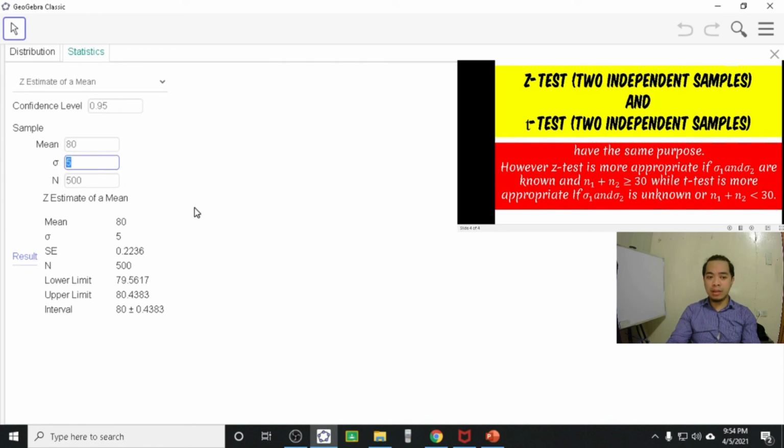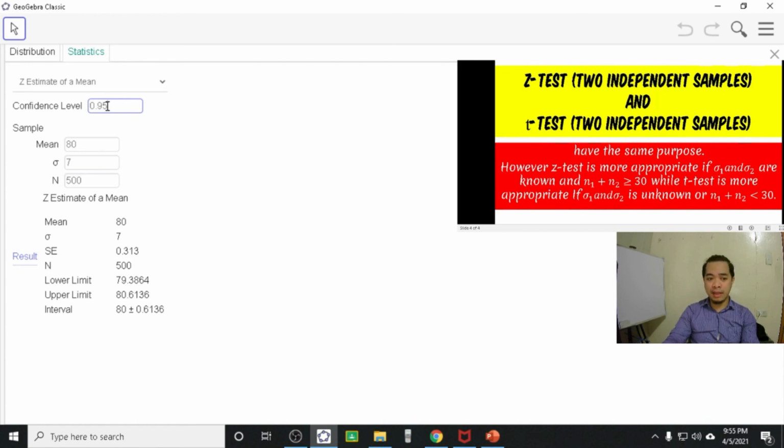And suppose it is known that the population standard deviation is, let's say, 7, and the confidence level is 0.95, meaning the level of significance, or the chance of committing type 1 error, is only 5%. Level of significance means the probability that we commit an error. The remaining 0.95, or 1 minus 0.05, is what we call the confidence level.